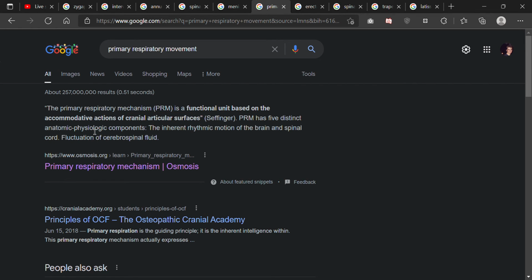Okay, so that's something to dive into that we'll eventually get into. But that's just to touch on this, just because we mentioned the cerebrospinal fluid.